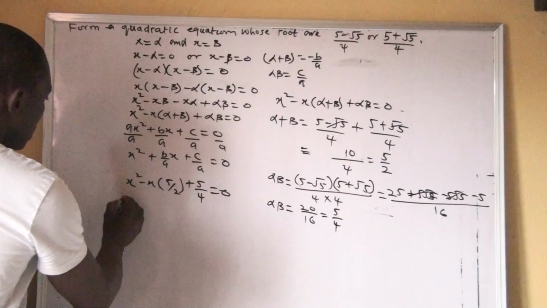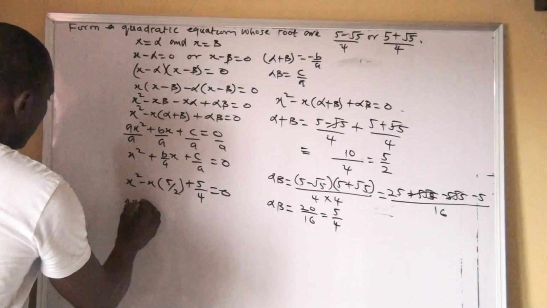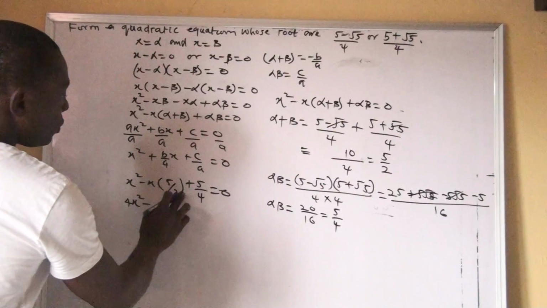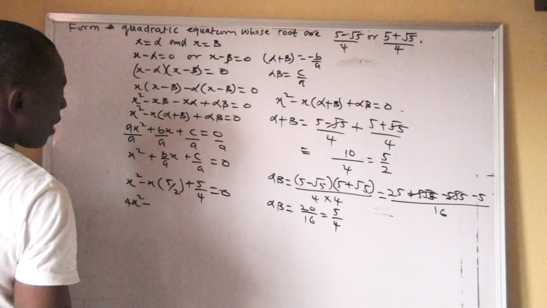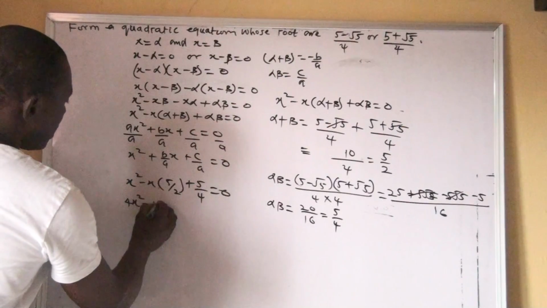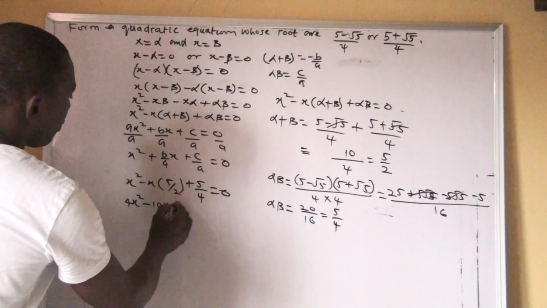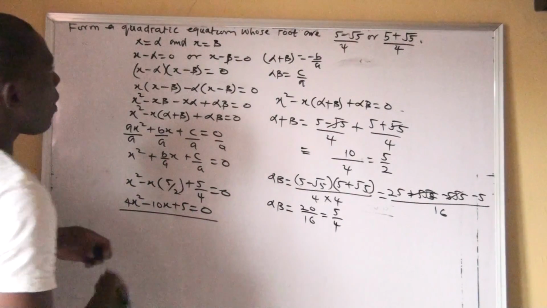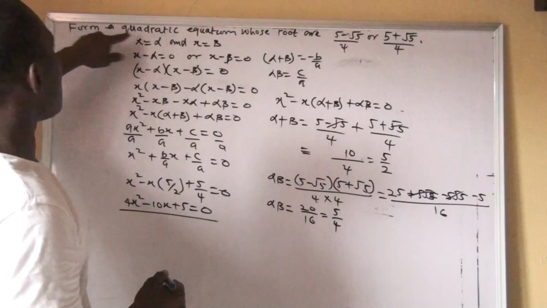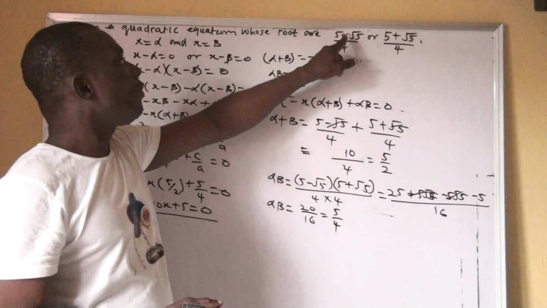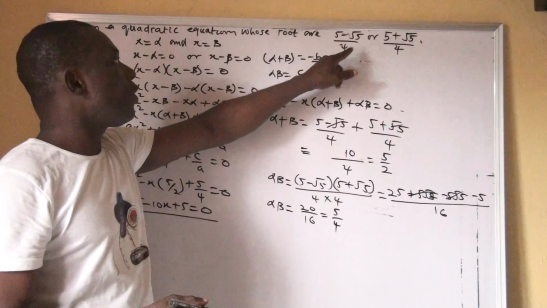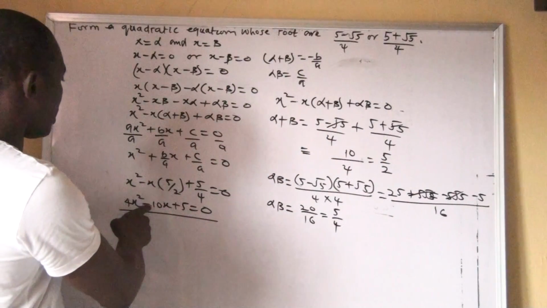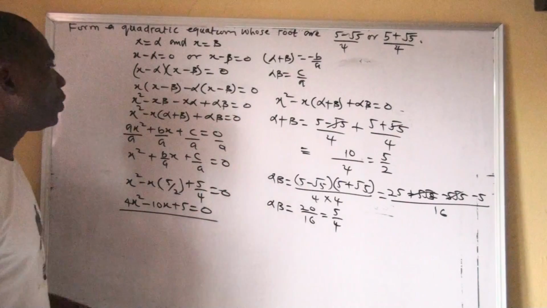If we do that, this will become 4x squared, and 4 times 5 over 2 will give us minus 10x, plus 5 equals 0. Now the quadratic equation whose roots are (5 minus root 5) over 4 or (5 plus root 5) over 4 is 4x squared minus 10x plus 5 equals 0.